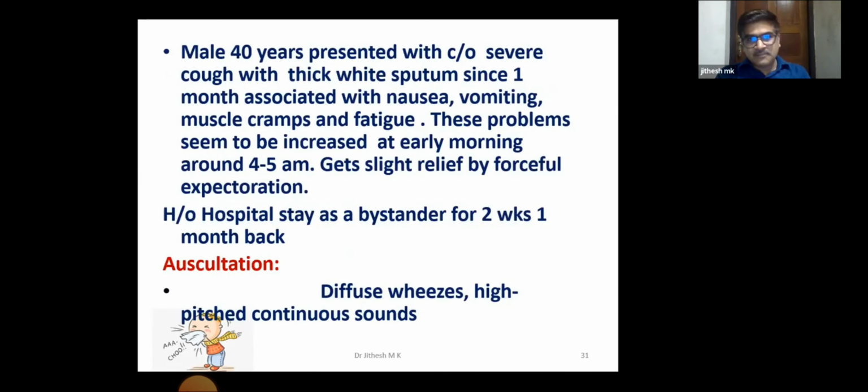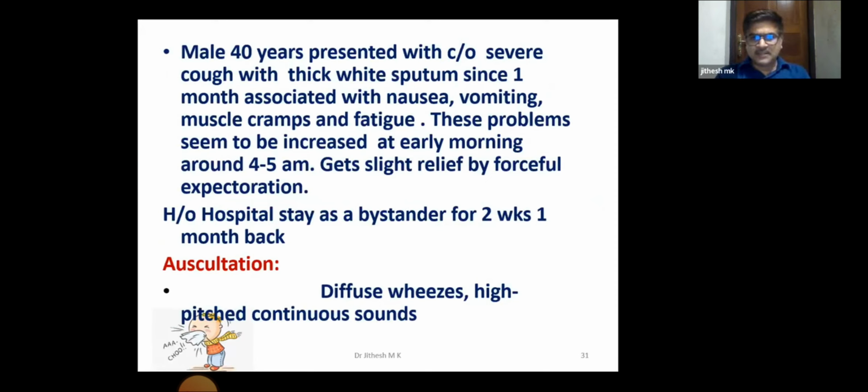A male, 40 years, presented with complaints of severe cough with thick white sputum since 1 month, associated with nausea, vomiting, muscle cramps, and fatigue. He will also tell the same problem: when I am getting up, the problem gets increased. Within half an hour or within 1 hour, when I start my work, automatically the problem resolves.